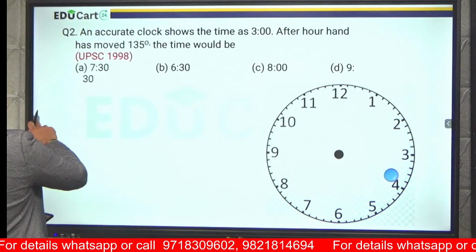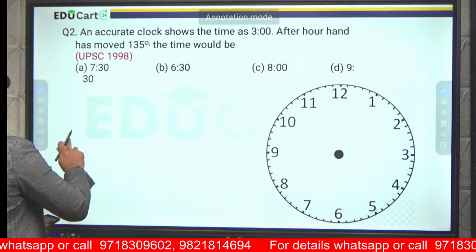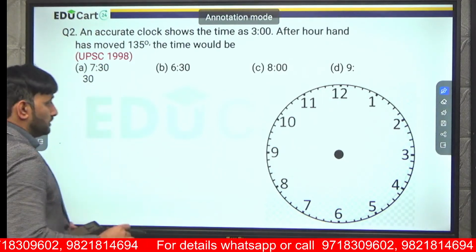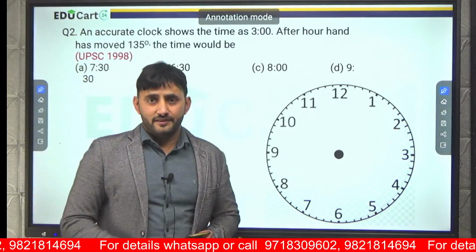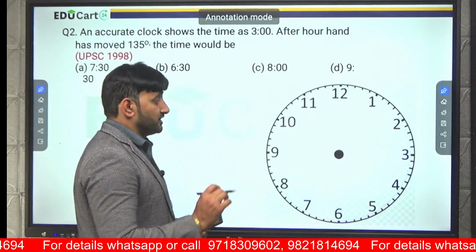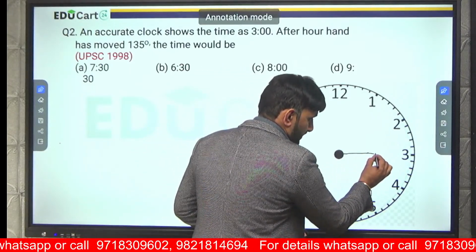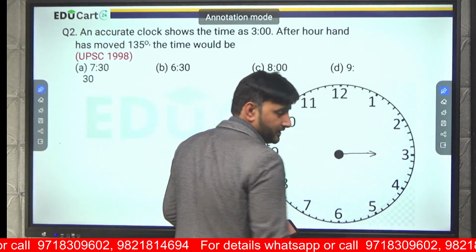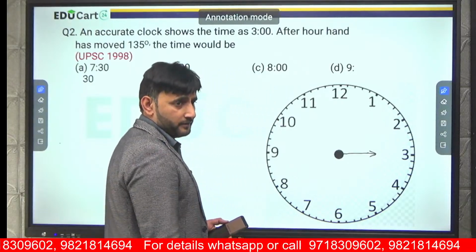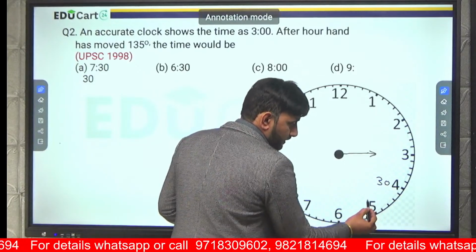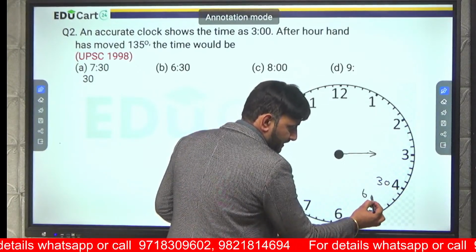Let me discuss this question by using another method logically. In today's class, our target is to develop our thought process in the exam. The question says that the time was 3 o'clock, so at 3 o'clock the hour hand was at 3. From 3 to 4, how many degrees? 30 degree. Till 5, it will be 60 degree.